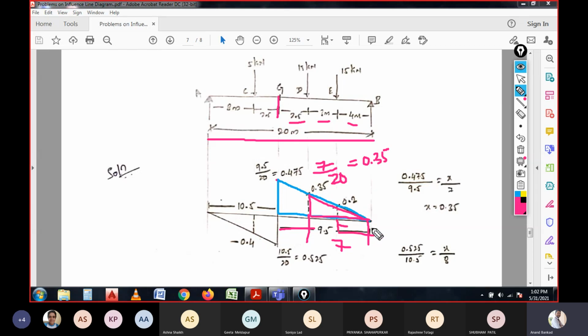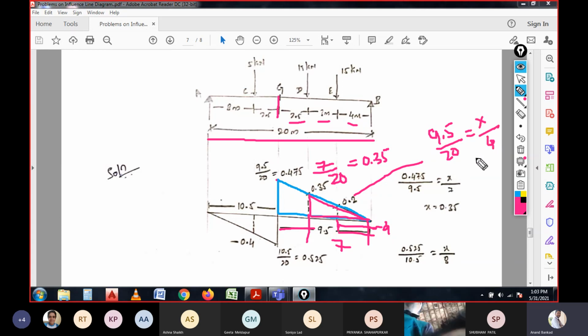Now similarly you need to calculate this one. How much is it? It is 4 meters. In this 4 meters, how is it calculated? Again a similar triangle is observed: 9.5 divided by 20, and unknown by 4.